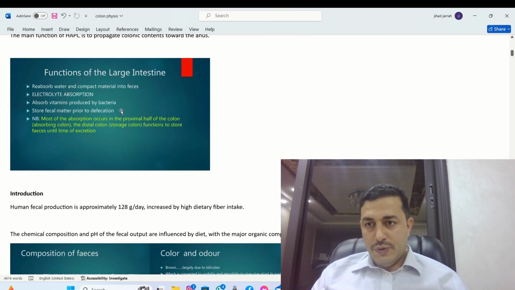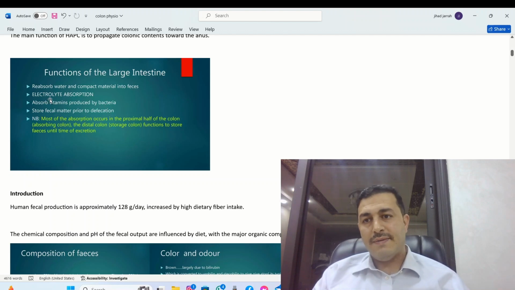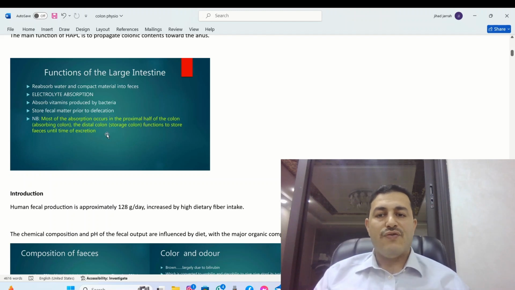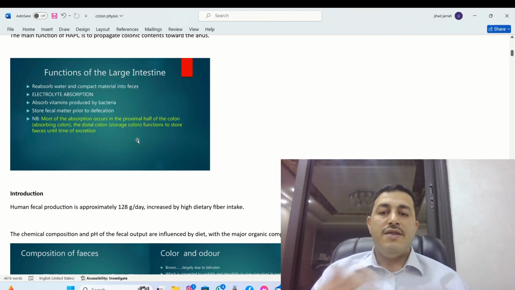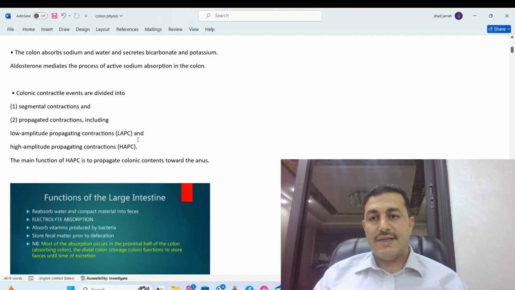You can see here the storage of feces, absorption of vitamins that are produced by bacteria, electrolyte absorption, and reabsorption of water. Absorption is mainly in the proximal half of the colon, while the distal half of the colon they call the storage colon, where they store the feces before it is excreted.